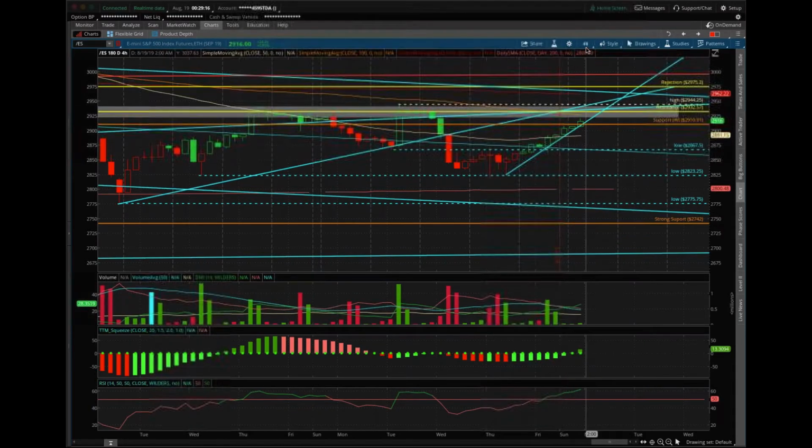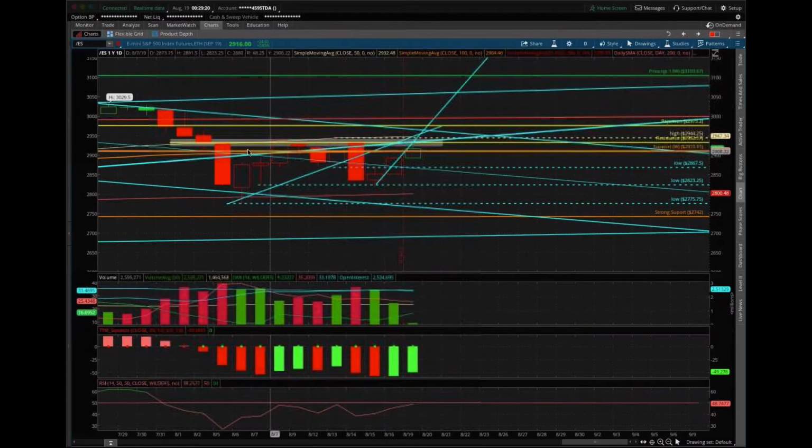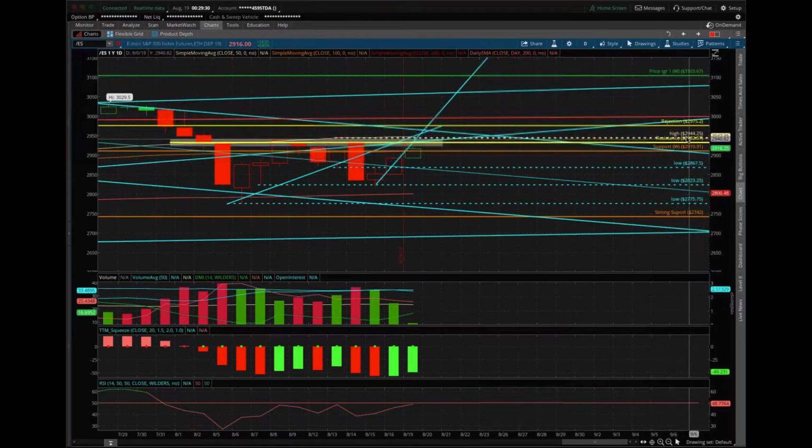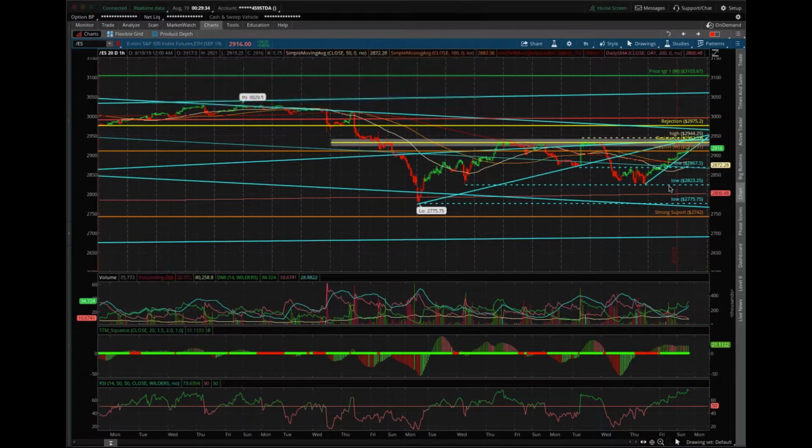Or the 50-day on the daily, I believe it is going to be, we're at the 100-day right now, and then the day is slightly above at that high of 29.4425.